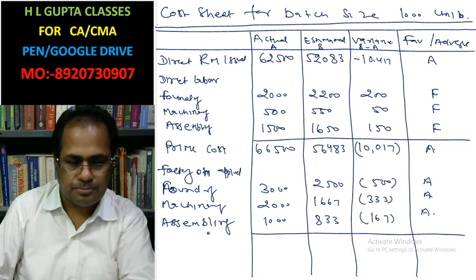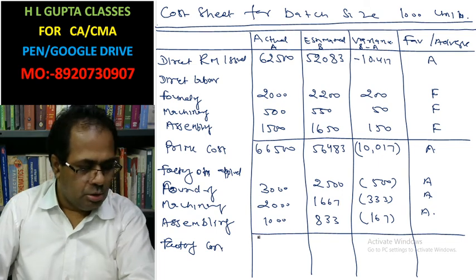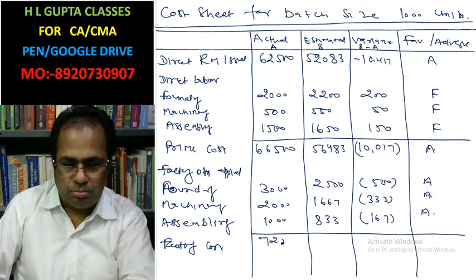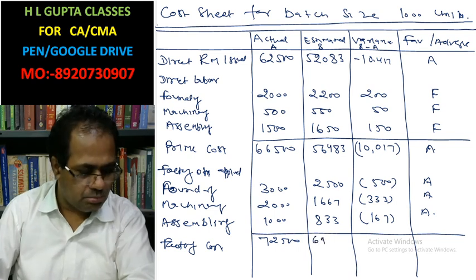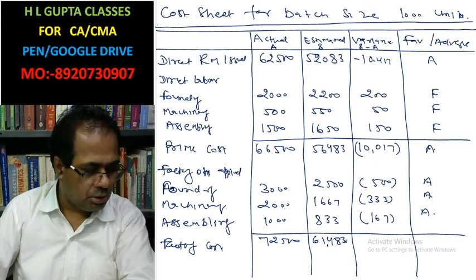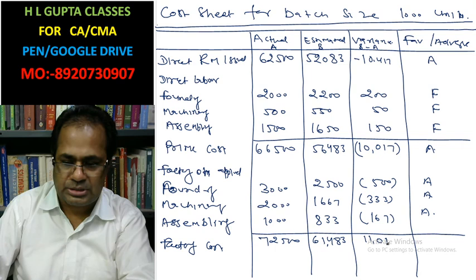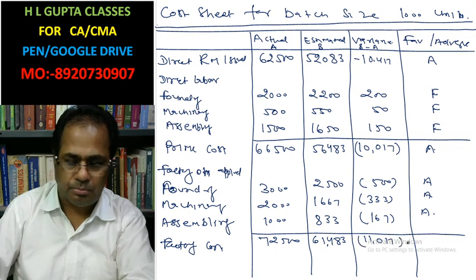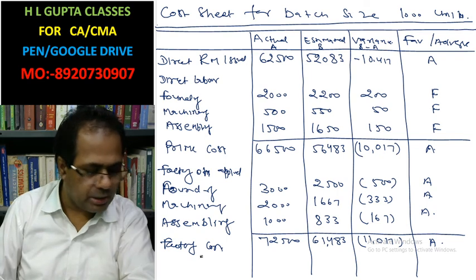Factory cost: 72,500 actual, 61,483 estimated, variance 11,017. This is factory cost per thousand.